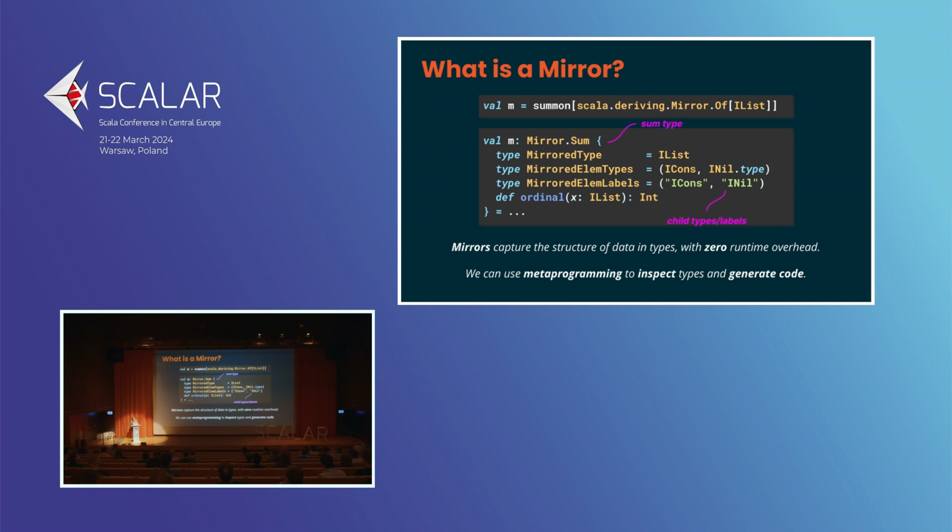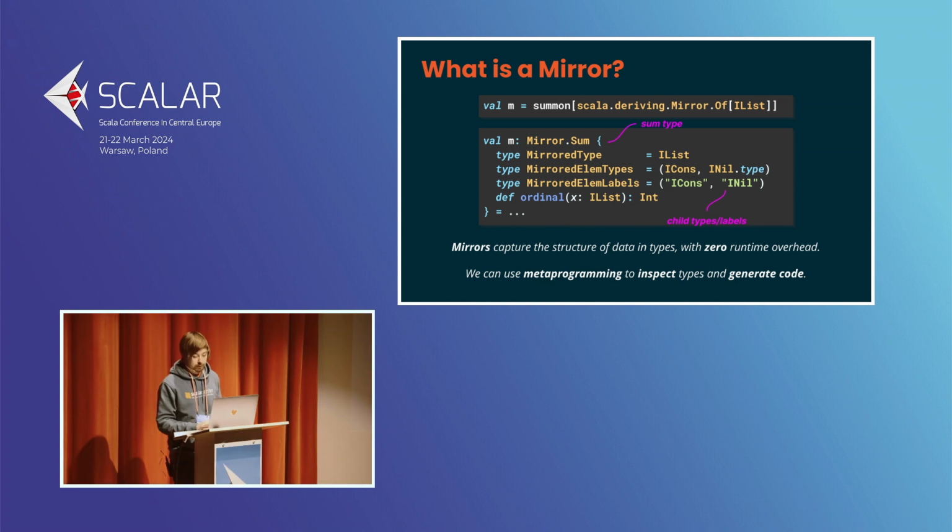Those are going to be ICons and INil. And then you also get the labels of the types as well. That's the names that they were declared with in the source code. And why are these separated is because, for example, if you want to serialize some tag or information to differentiate in JSON or some data structure that needs to differentiate between things, you can use these strings.